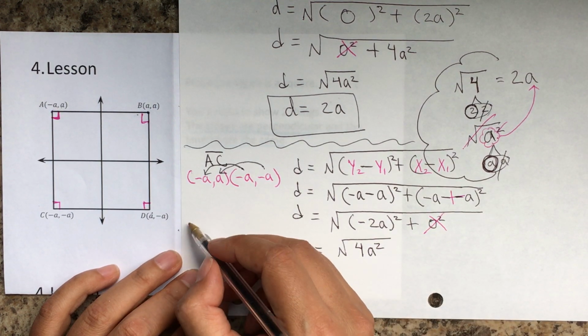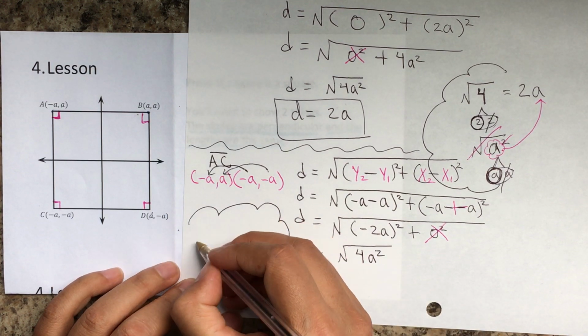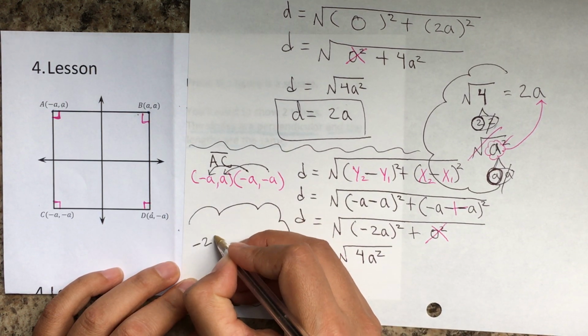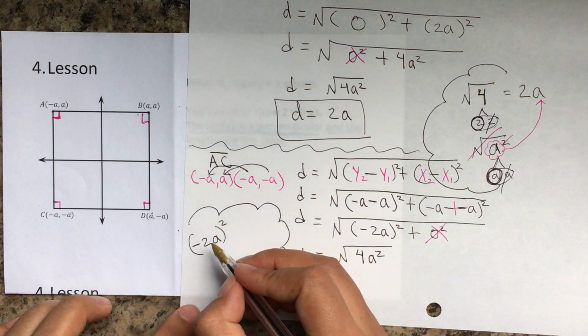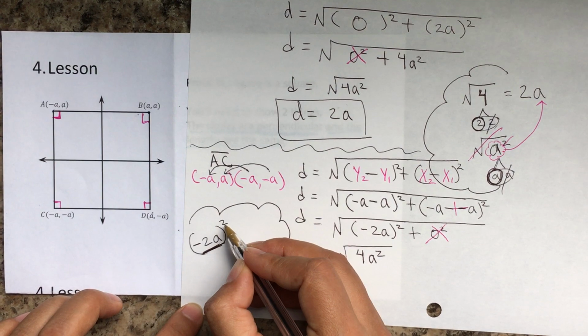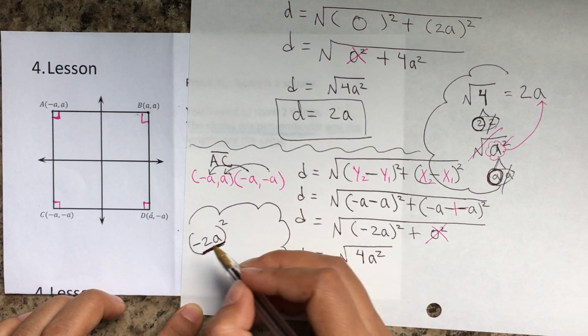Let me show you that because I saw a lot. Even though I explained like 3 times, I noticed that some people were confused. So negative 2a, everything to the second power, means that you're going to multiply the whole thing by itself 2 times. But the whole thing, meaning also the minus.